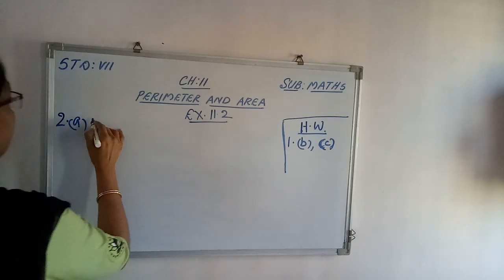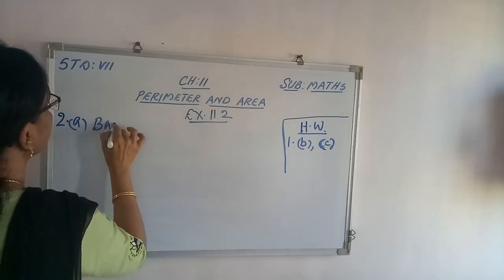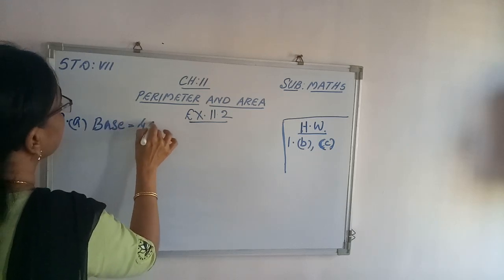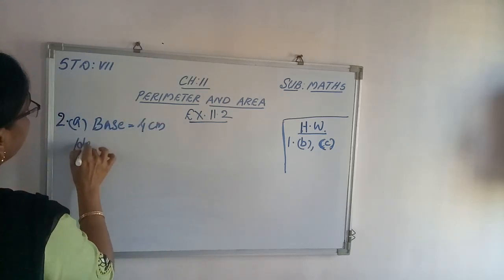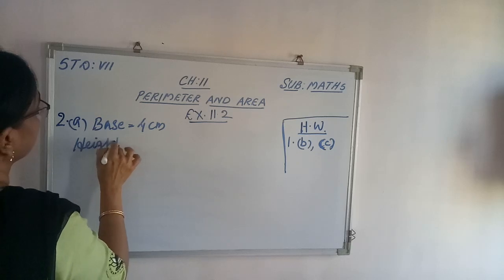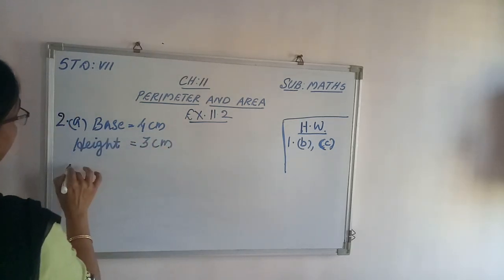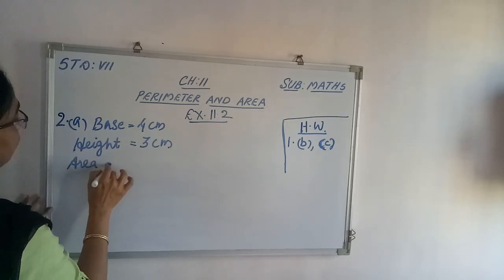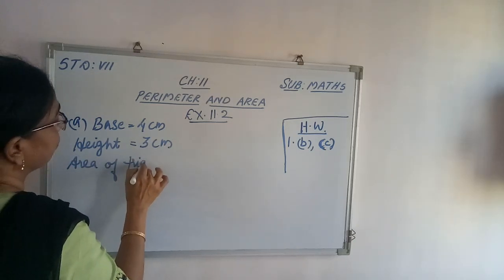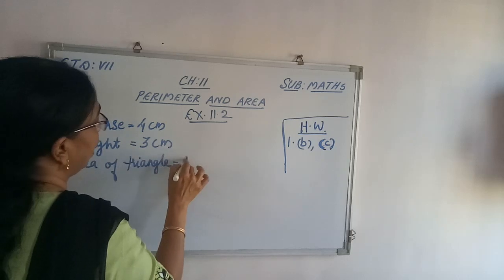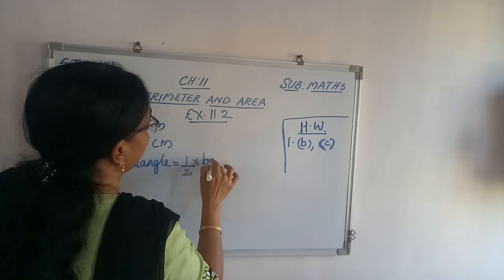Base given as 4 centimeter. Height 3 centimeter. Area of triangle is half into base into height.